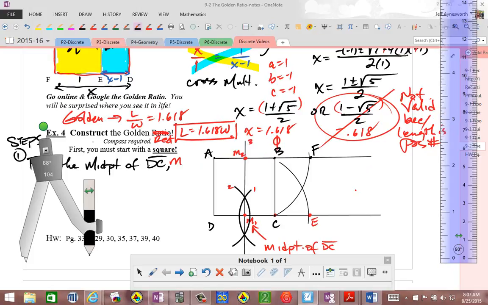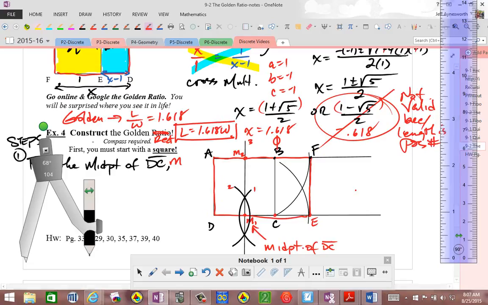For me, I'm just going to connect using my tools right here. And so I have a rectangle that's now golden. A to F to E and back to D.